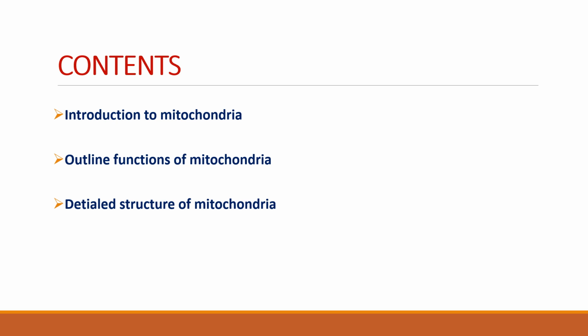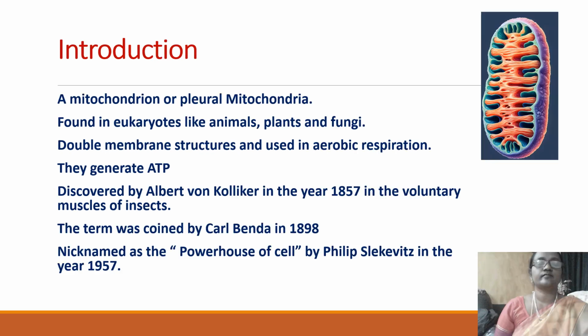The contents would be, first, an introduction to mitochondria, then I'll outline the functions of mitochondria, and the detailed structure of mitochondria and all the components of it will be illustrated in this video.